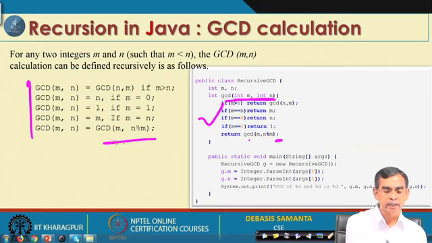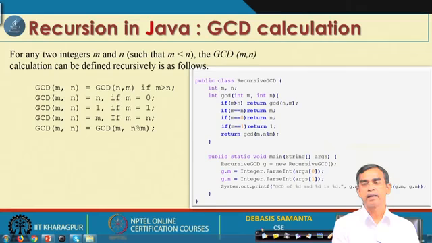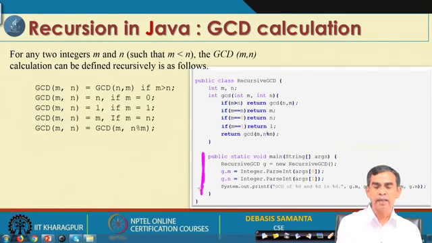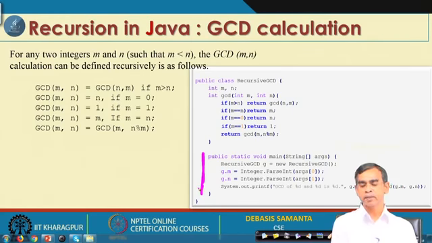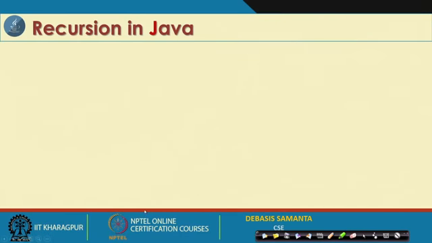This way the recursion can be carried out, and this is the main method where we just call this recursive method to calculate the GCD for any two integers read from the command line argument or the keyboard. So, this is the idea about the GCD calculation, and we have discussed a few examples of GCD calculation.